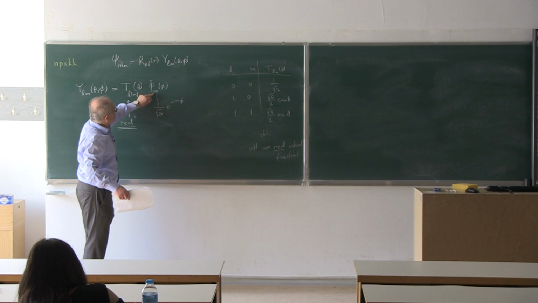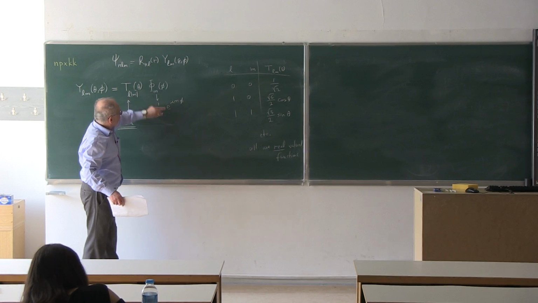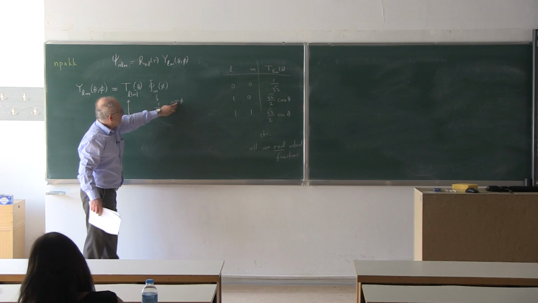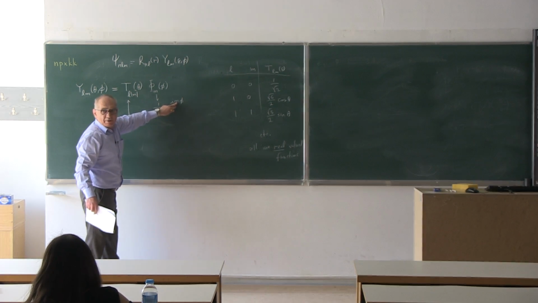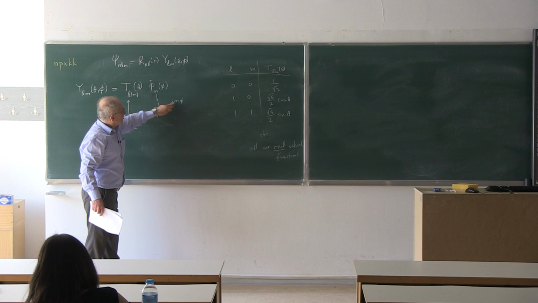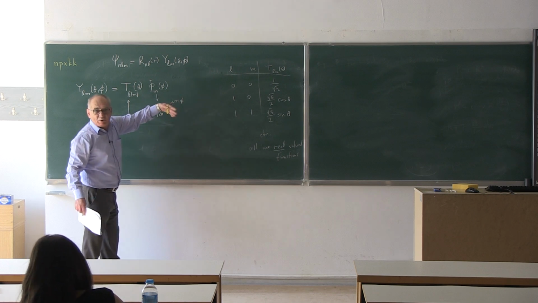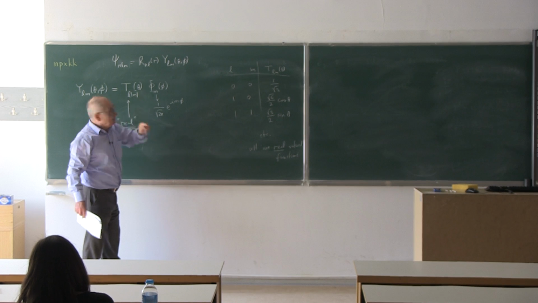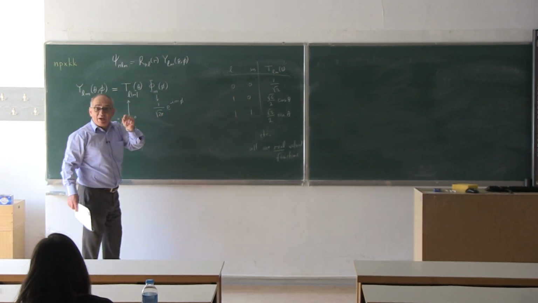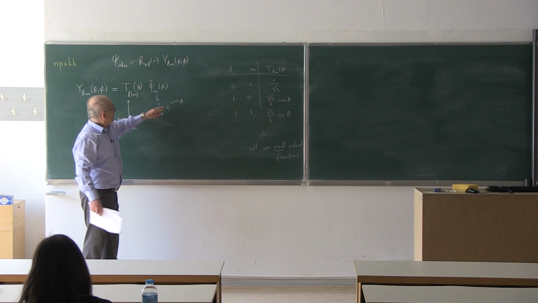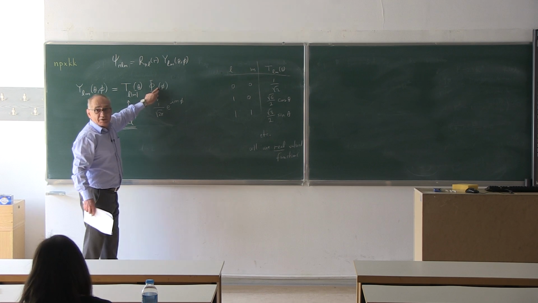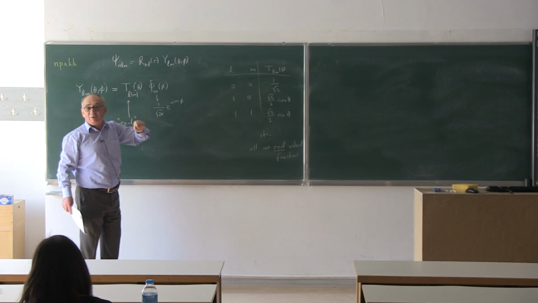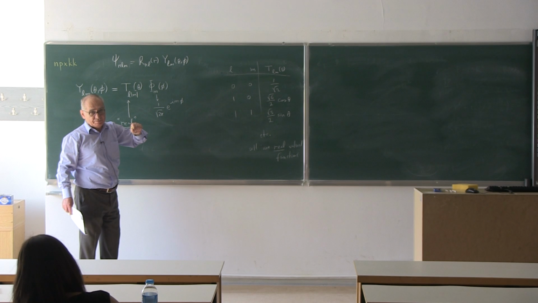On the other hand, the phi dependent part, this function, if m is 0, then 0 times i times phi will also become 0. e to the 0 is 1. Therefore, only when m is equal to 0, this factor will be real. Otherwise, it will be a complex function.